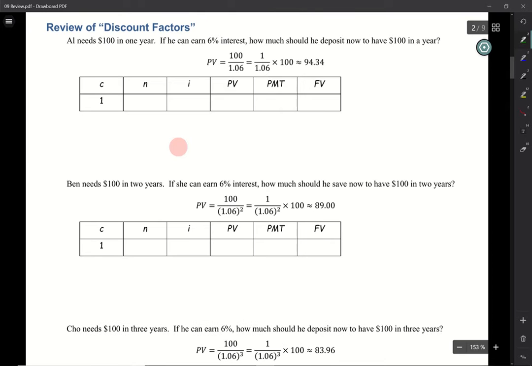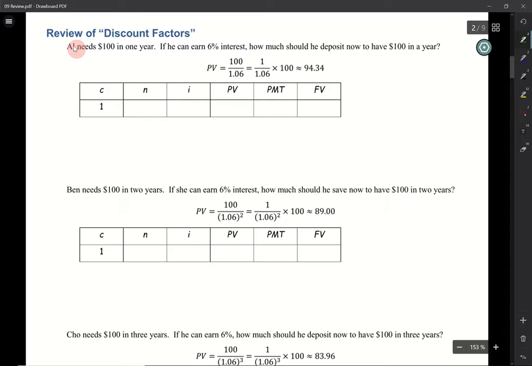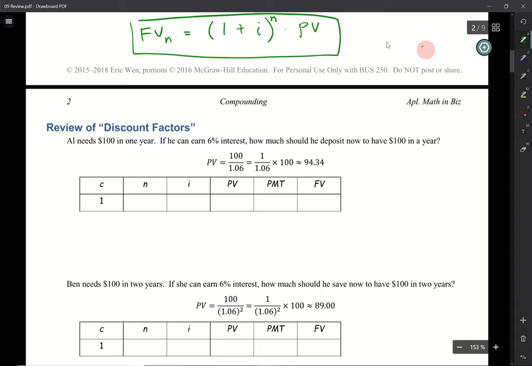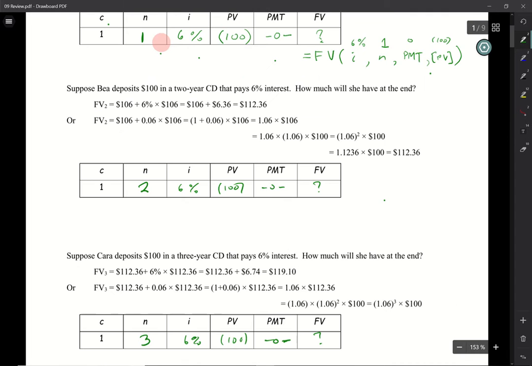So discount factor is going the other way. Say Al now needs $100 in 1 year. If he can earn 6% interest, how much should he deposit now to have $100 in 1 year? Okay, so we take this equation as the starting point, and it's just math, right?